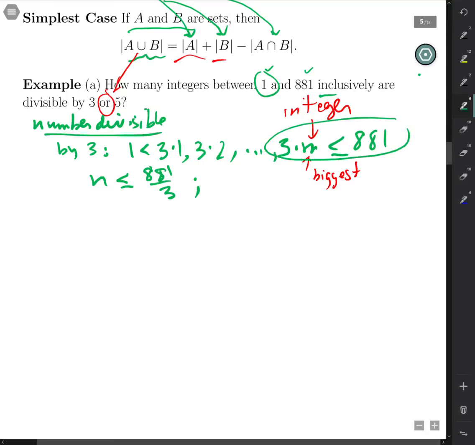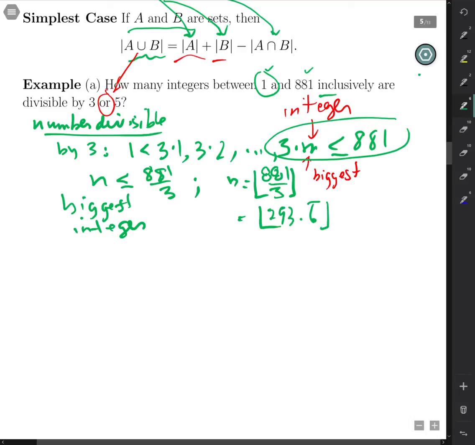And so it's the biggest integer with this property. Well, that's what we mean by the floor function evaluated at 881 divided by 3. If you actually do the calculation, that comes out to 293.6 continuing.